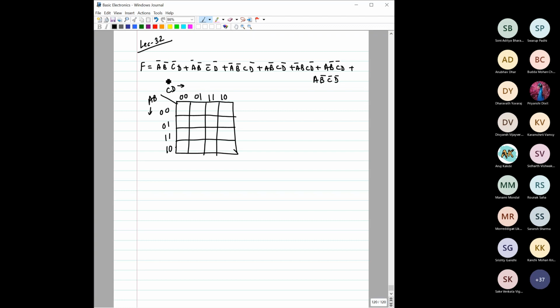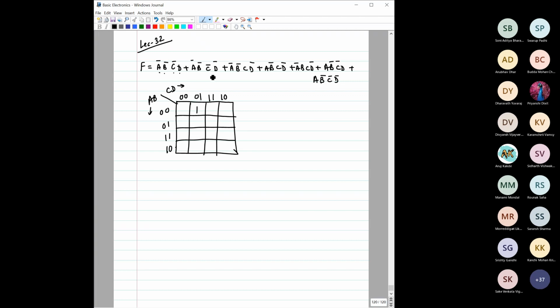Now put the ones here. For the first term, A bar B bar C bar D, it is 0 0 0 1, which is basically 1. You are getting this point, right? So here we should put 1.